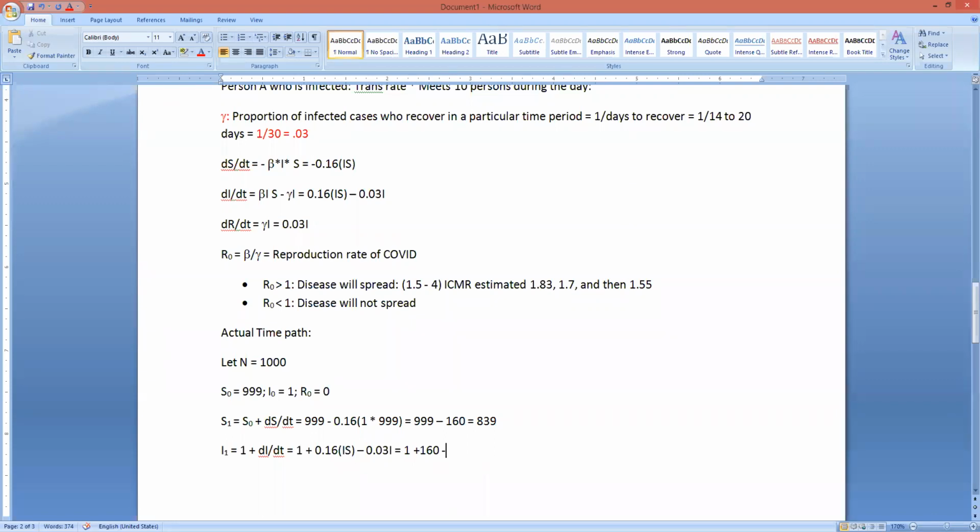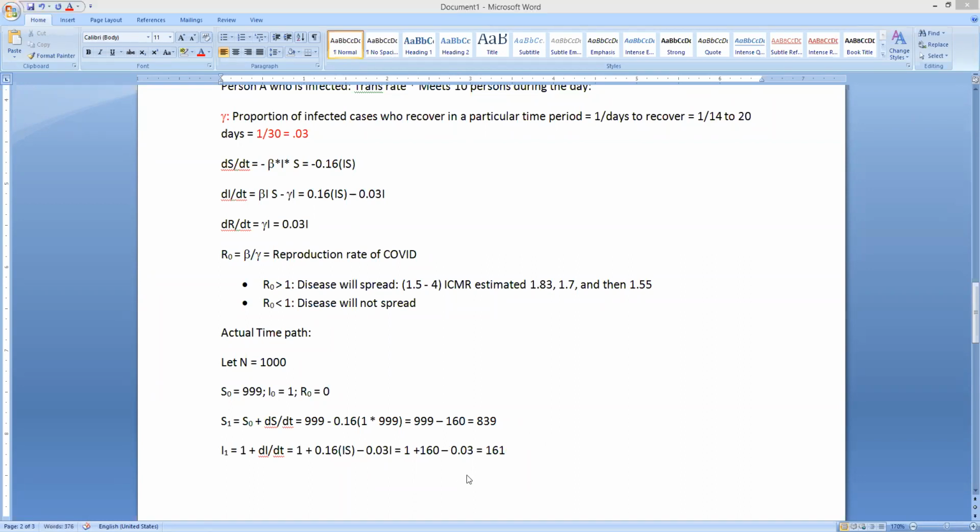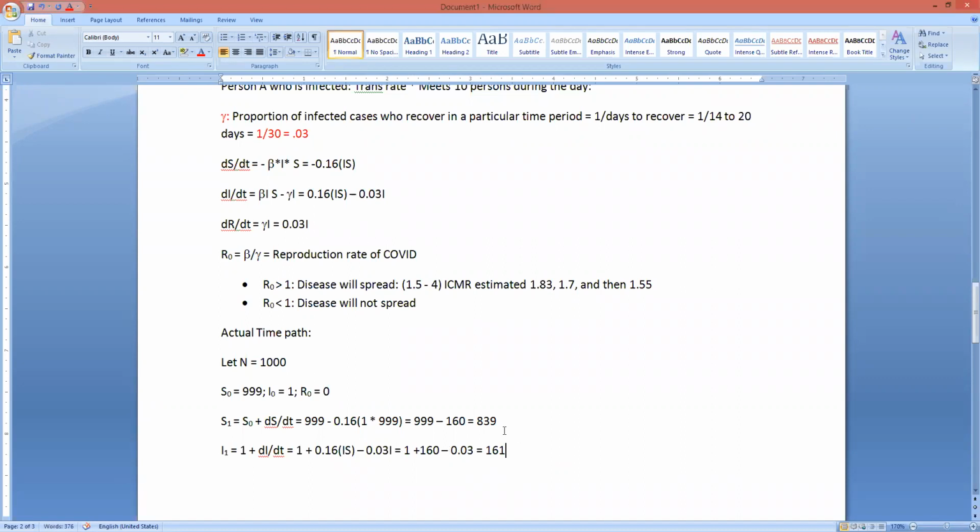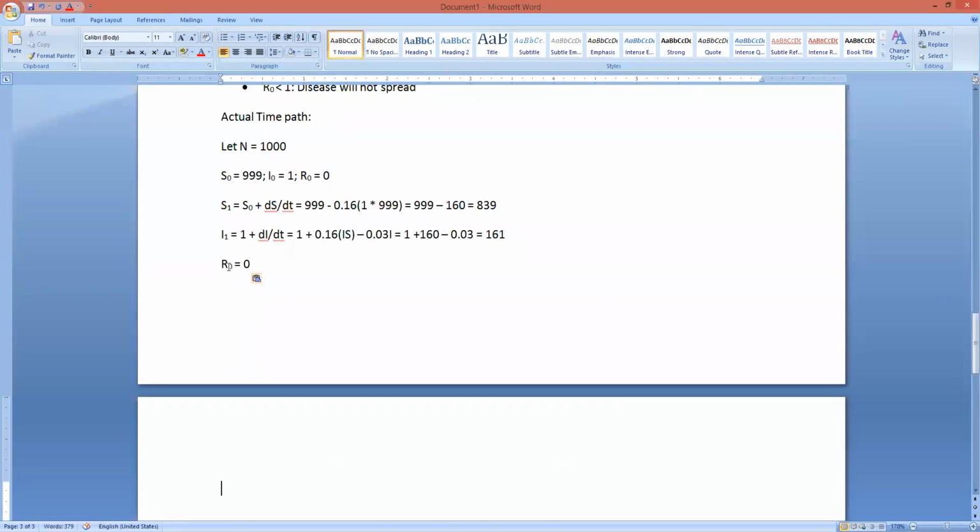It is 1 into 0.03, which is just small, so if you round off to whole numbers, it is 161. Okay. R1 is still 0.